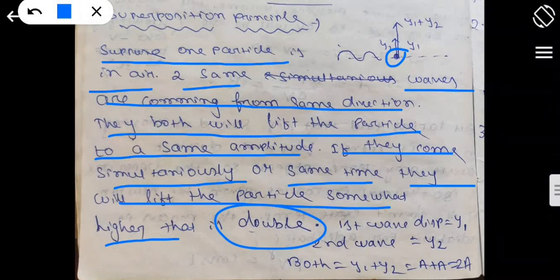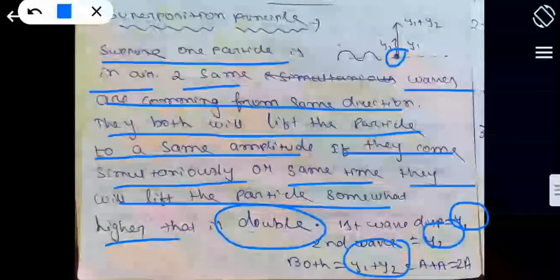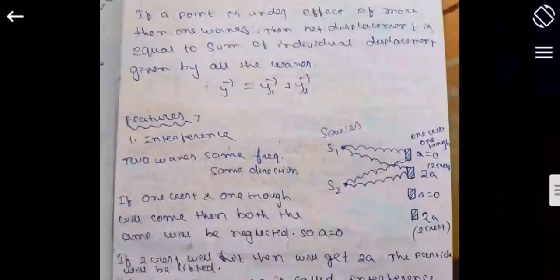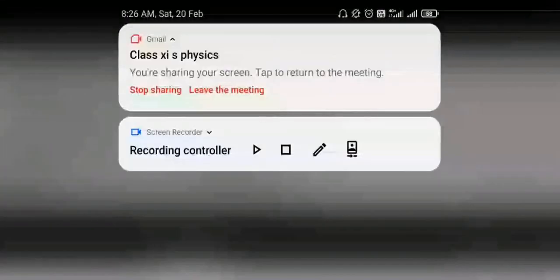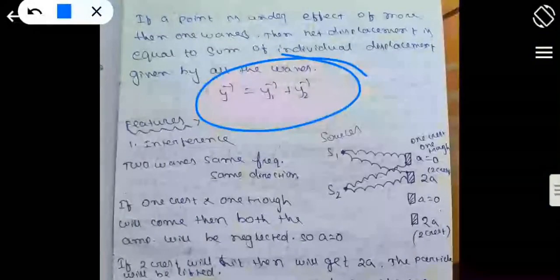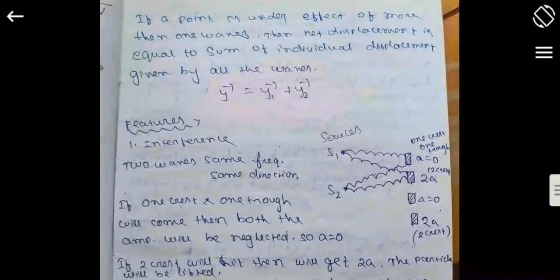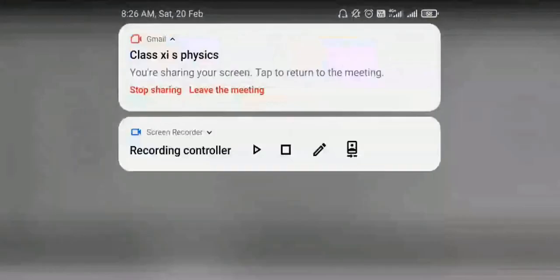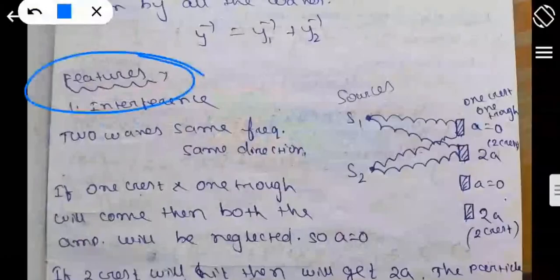So the formula is y1 plus y2, that is a plus a equal to 2a. Very simple and very easy. If you want to represent this in vector form, this will be y vector equal to y1 plus y2. Now let us see what the features are.